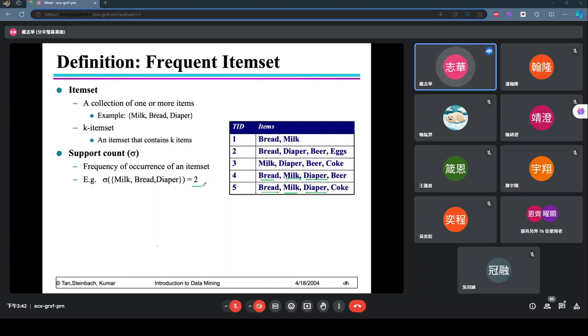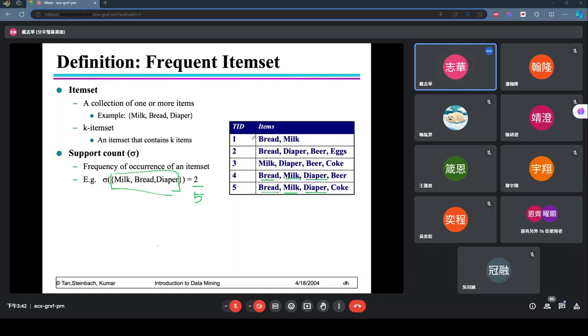So there are 2 out of 5 customers who have such behavior. We call this a count. It's an absolute value.